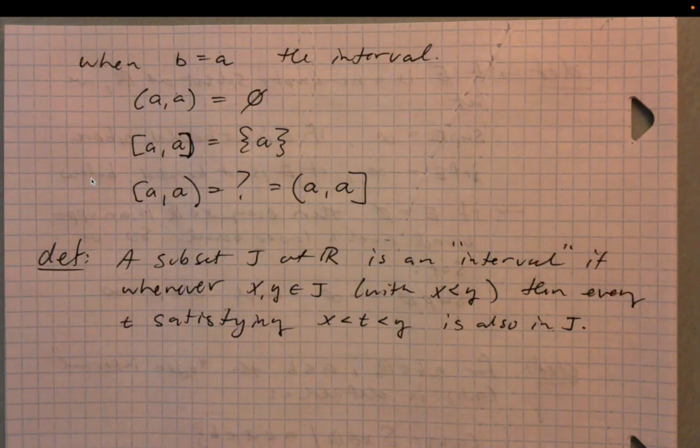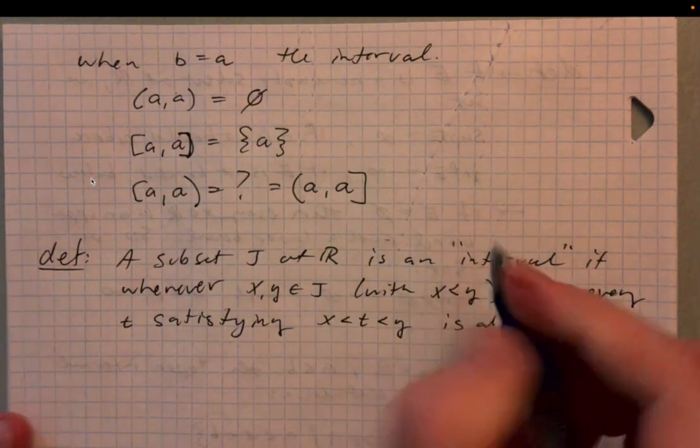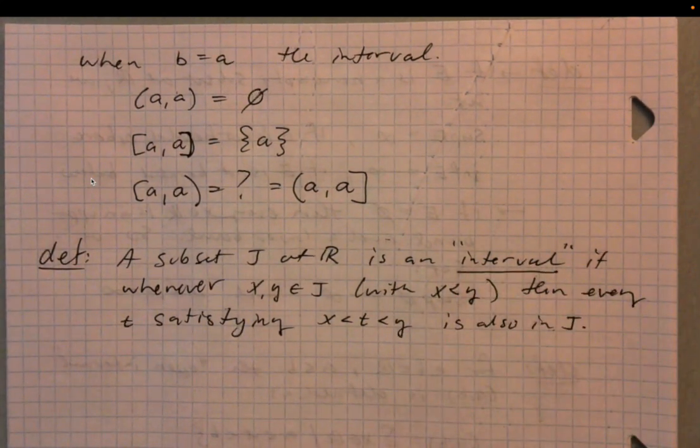If you've got x and y in J and x is less than y, then anything between x and y will have to be in J as well, if we're talking about an interval.